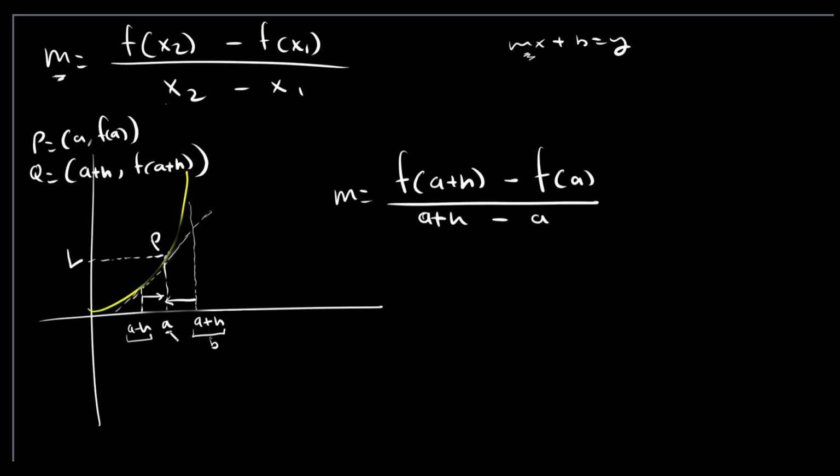But instead, I have done this: this is my h, this is my h. So basically, I have created a point on my x-axis that is a distance of h away from my second point, right? So here and here is going to be a distance of h.